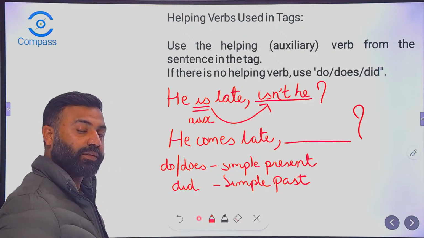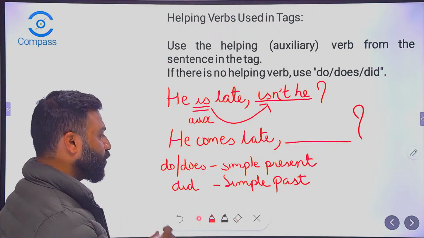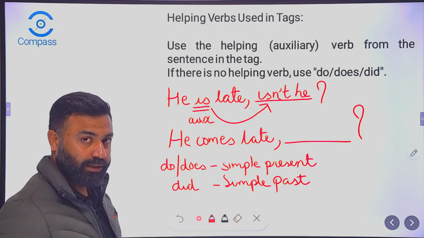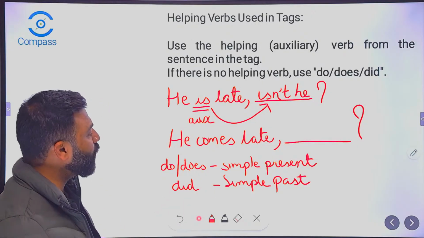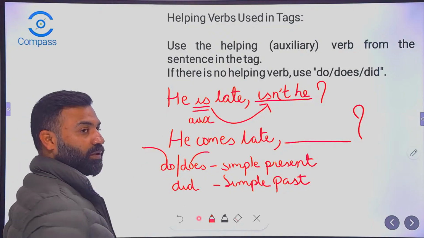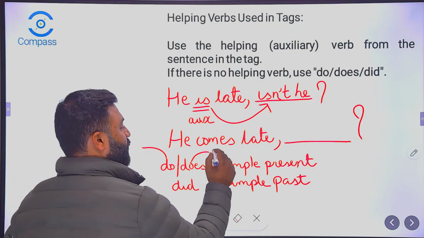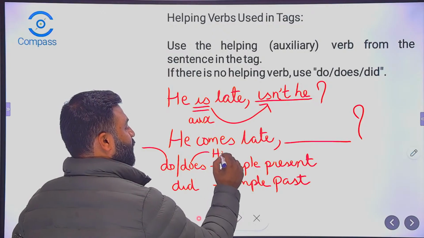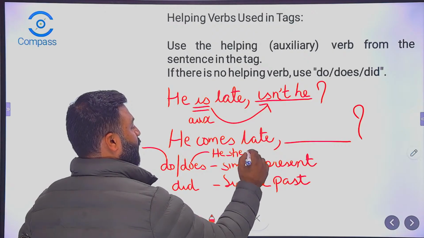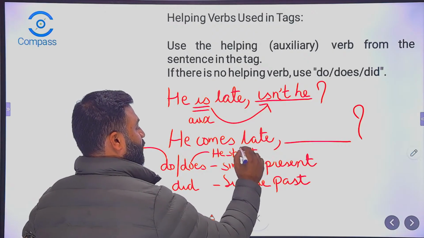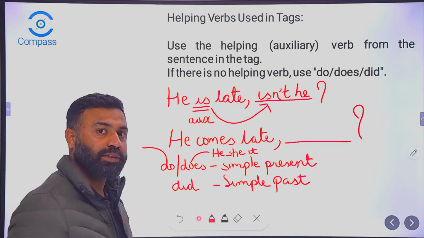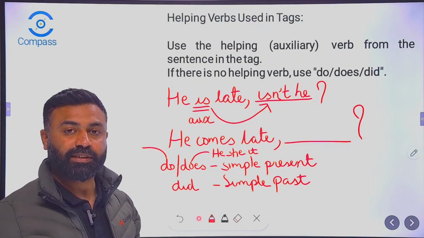All right, so that is very much clear. Do and does with simple present and did with simple past. And if you have a doubt when to use does or do, does is used with he, she, and it, which means singular subjects.